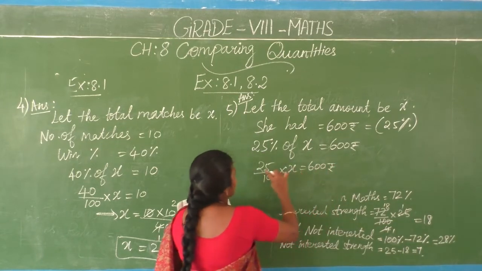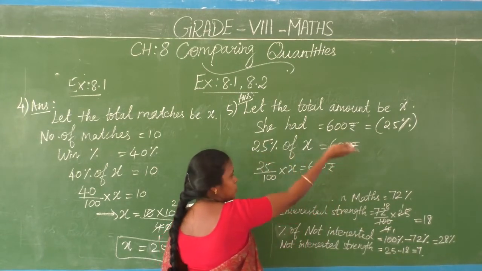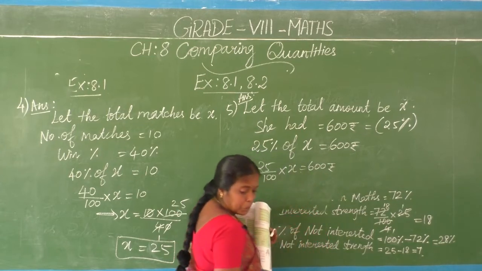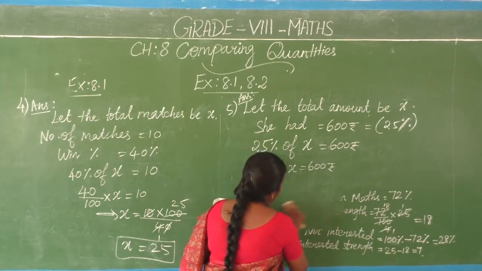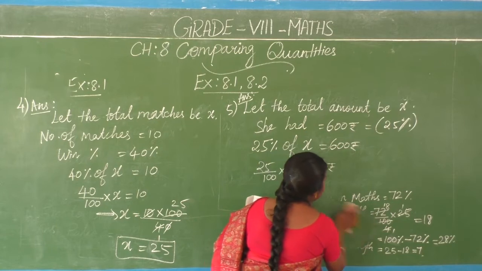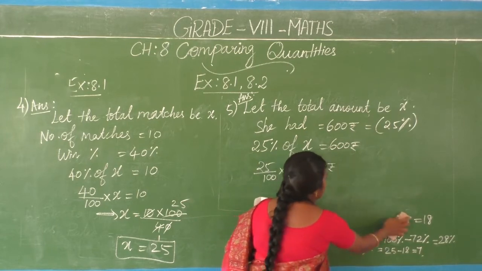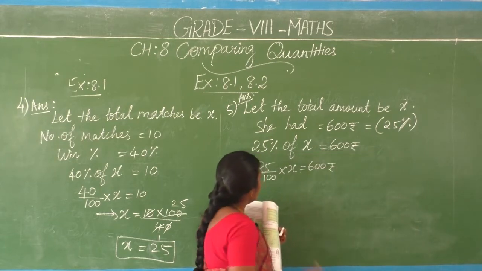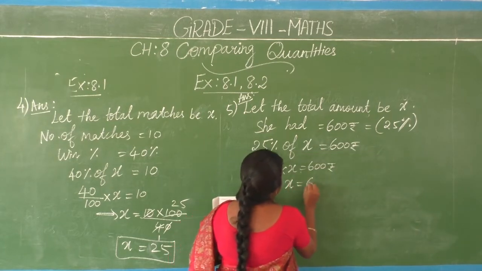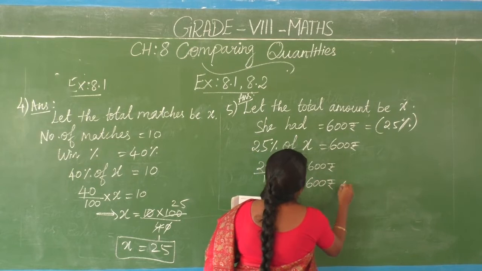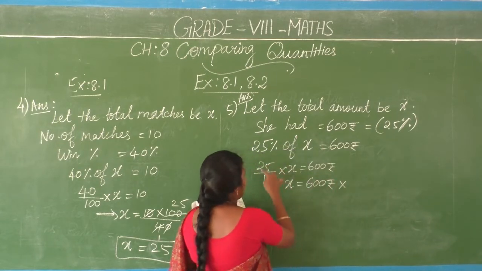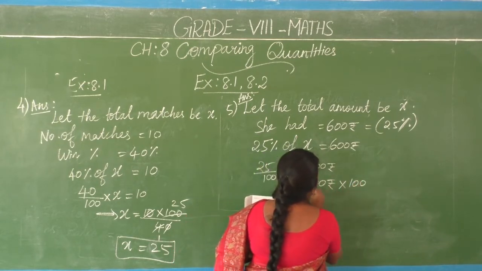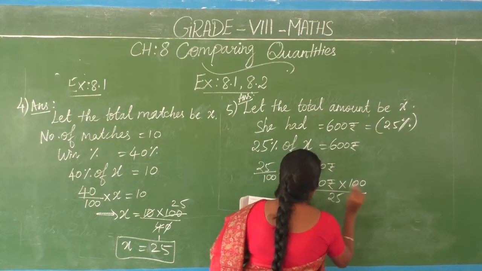Clear? To shift this term to the opposite direction, it goes reciprocally. So X equal to 600 rupees into 100 by 25.